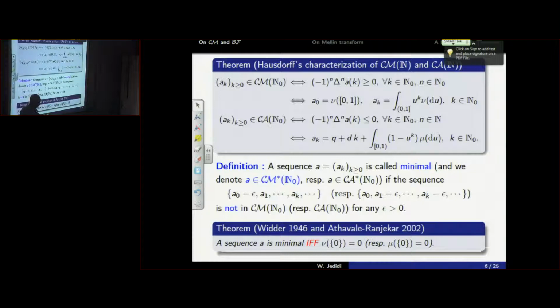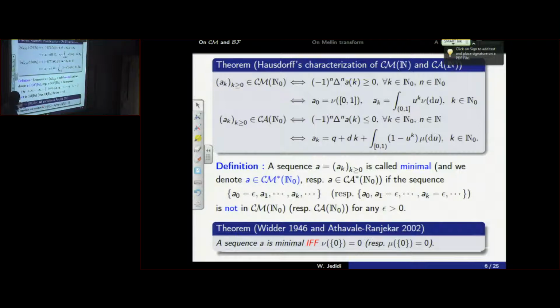We say that the sequence a_k is minimal if it's completely monotone, and if a simple delay on the first term makes it not completely monotone. We take the same definition for completely alternating sequences.